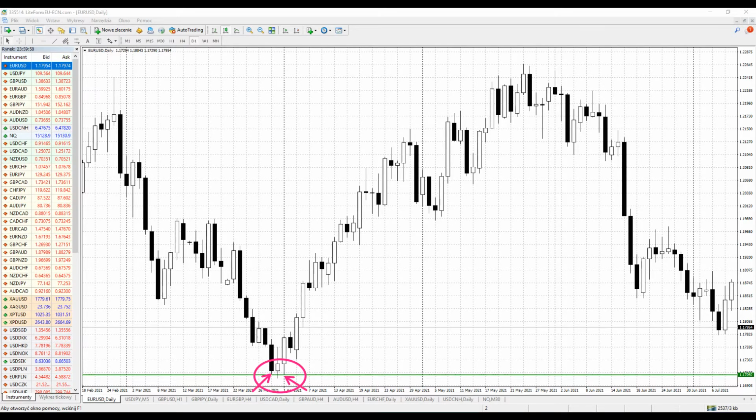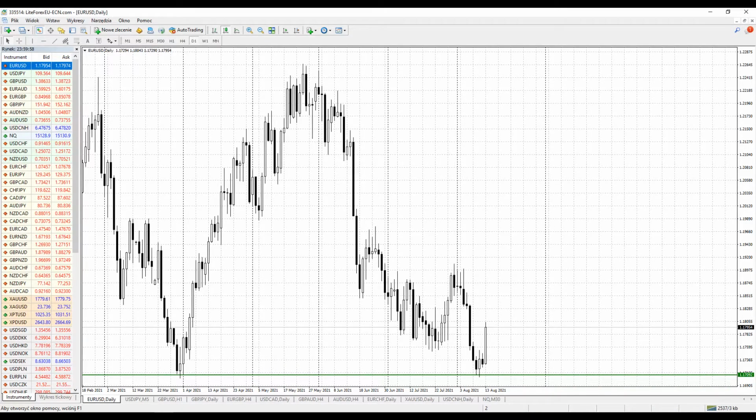There was a 1 pip difference, right? And once the market was approaching this level again, it was worth watching what's going to happen around this swing low we were discussing right over here.